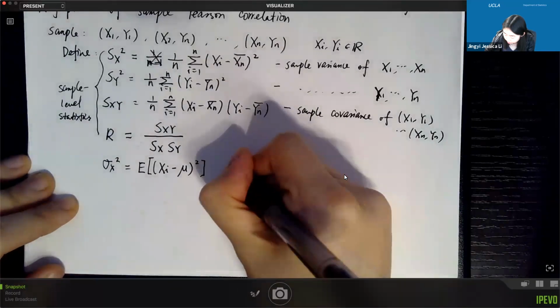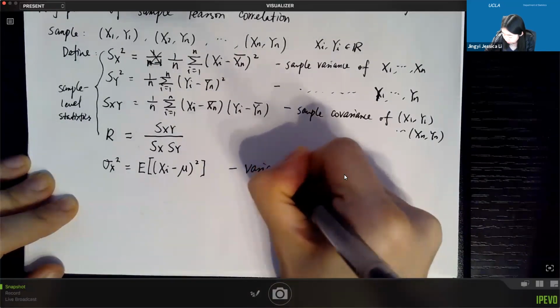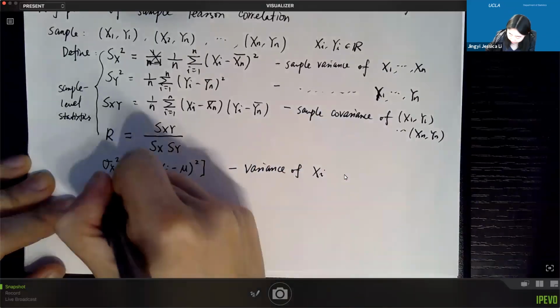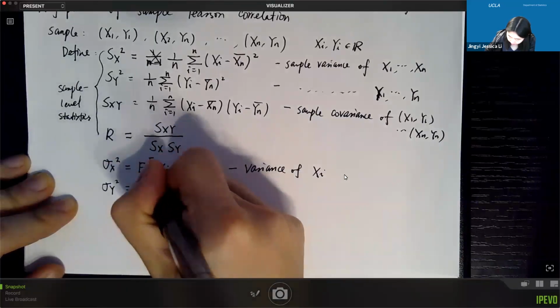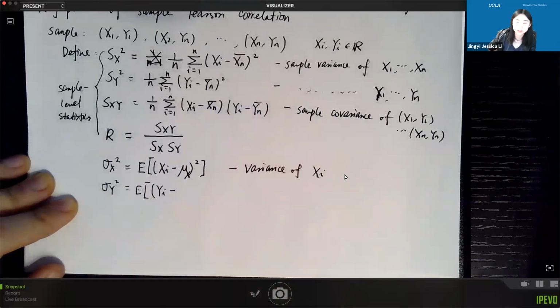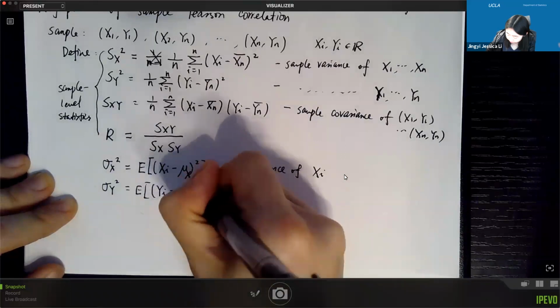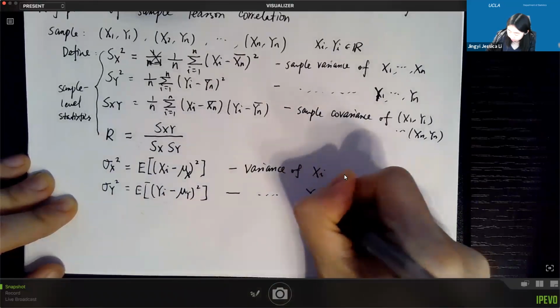So this is the population variance of xi. Similarly, we have sigma y squared, the expectation of yi minus mu y, squared. Oh sorry, I should mark mu x to mean that it's the mean of x. This is the variance of yi.